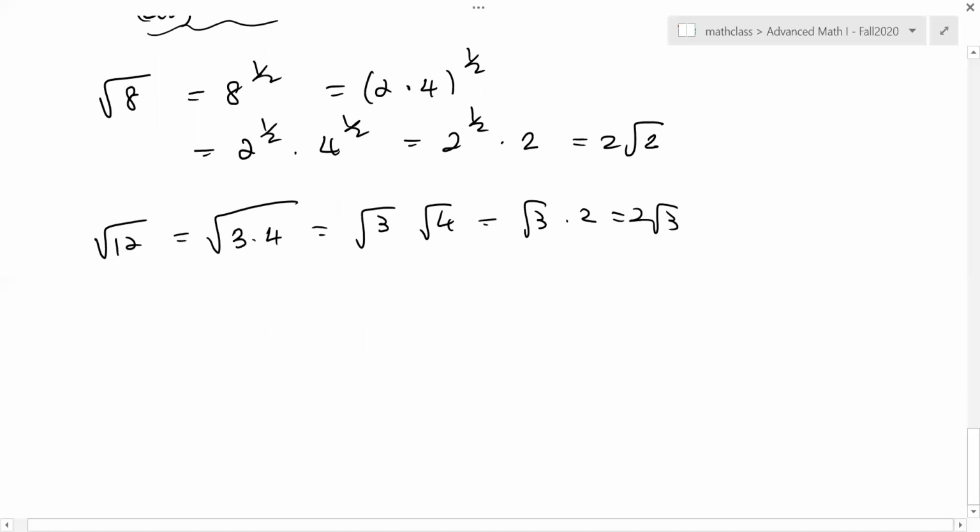Okay, so let's take a look at the next problem. This is a math concept problem. 4 to the 11 plus 4 to the 11 plus 4 to the 11 plus 4 to the 11, you have 4 here, and then to the 1/..., and let's simplify.